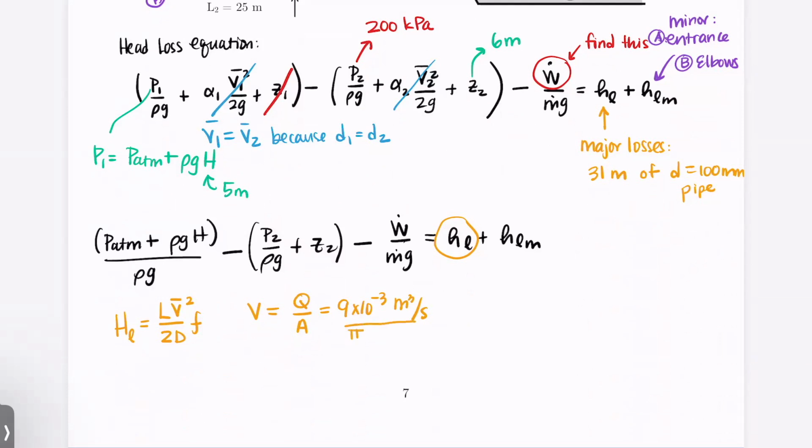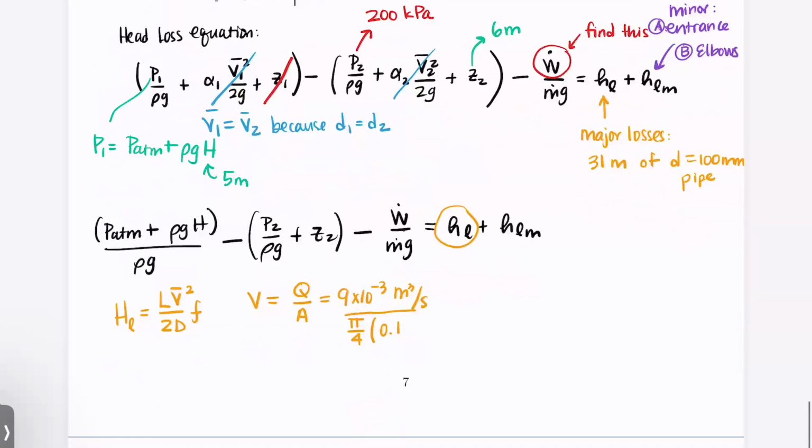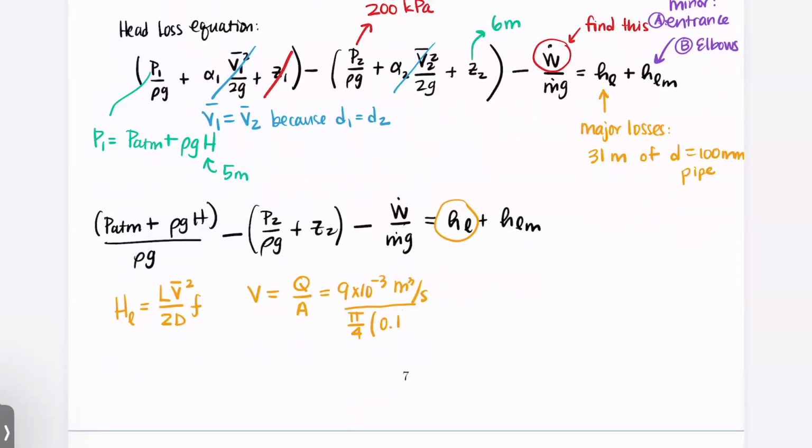It's circular. So we have pi over 4 times the diameter, which is 0.1 meter squared. And we get 1.15 meters per second.